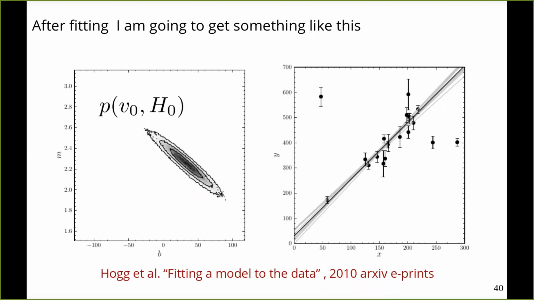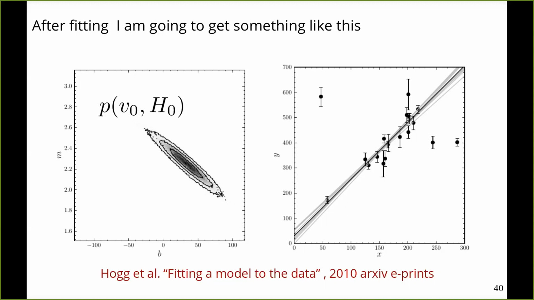Now I want you to pay attention to the left one. Of course I use the same plot, but it has a different meaning now. Up to a constant, it tells me the distribution of the probability of these pairs of V0, which is the offset velocity, and H0, which is my Hubble constant.